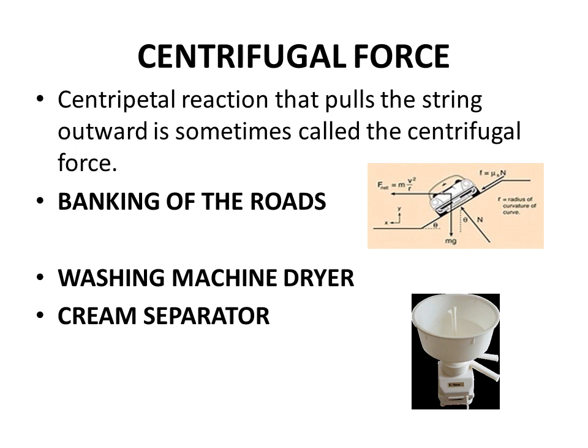Therefore, the skim milk, which is denser than cream, is collected at the outer wall of the bowl. The lighter part is pushed towards the center, from where it is collected through a pipe.